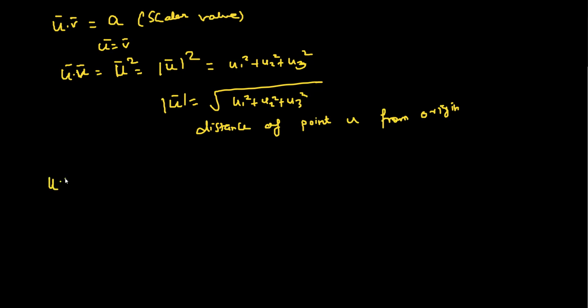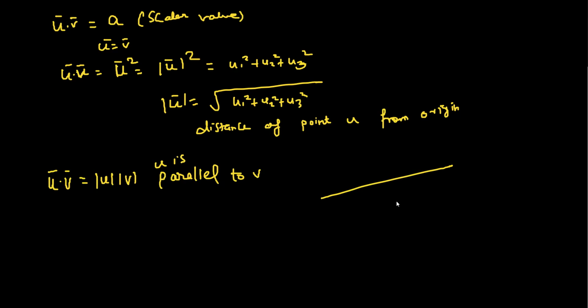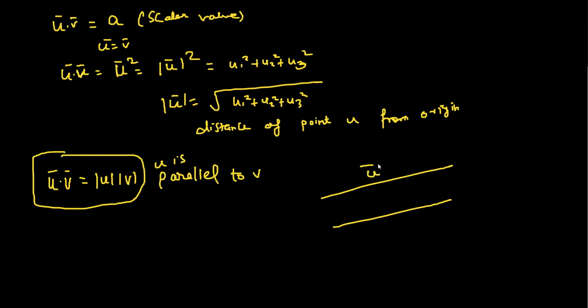If u dot v is equal to its mod, then it is called parallel. u is parallel to v. One vector is parallel to another vector only when this condition is satisfied. If the multiplication of two vectors equals the absolute value of the product, absolute value means this.